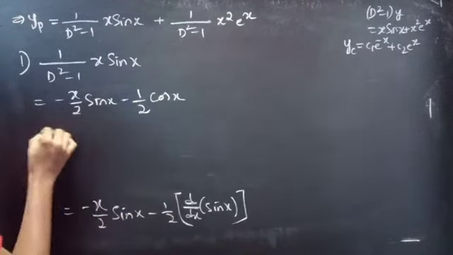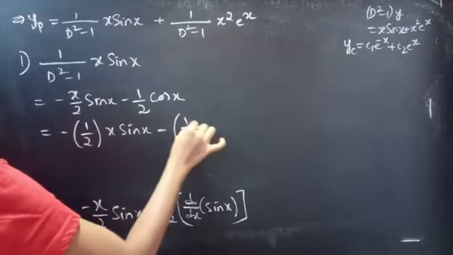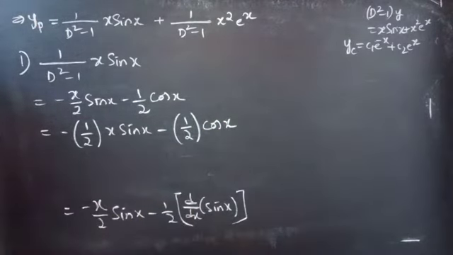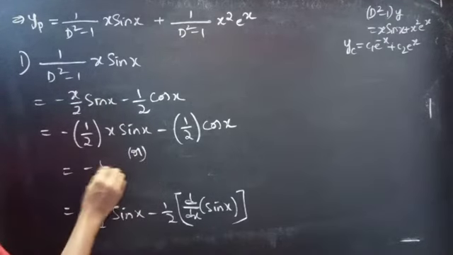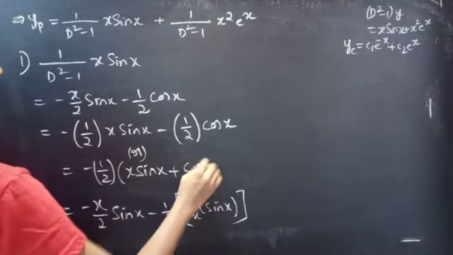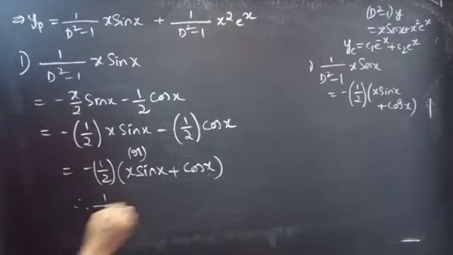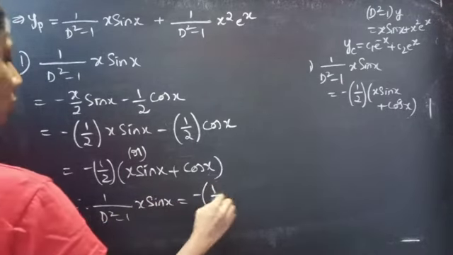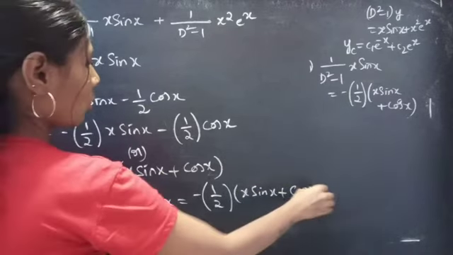Or we can write this as minus of 1 by 2 into x sine x minus 1 by 2 cos x, or just take minus 1 by 2 common, then we'll get minus 1 by 2 into x sine x plus cos x. Therefore, 1 by D square minus 1 into x sine x equals minus of 1 by 2 into x sine x plus cos x.